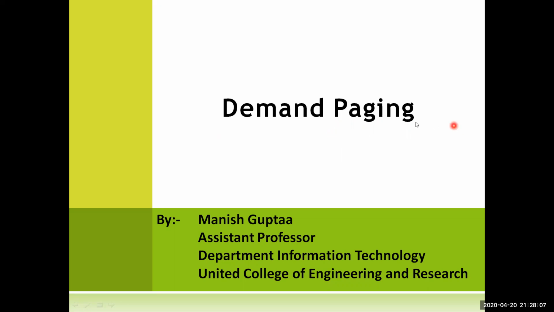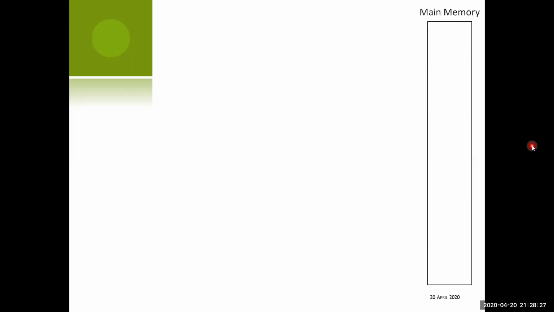As the name suggests, in demand paging we are going to use the basics of the paging technique. As we have already seen in our previous lectures, in the paging technique, first, we divide our main memory into small fixed-size blocks, and each block is called a frame. Suppose we have divided the main memory into 16 equal-size frames.